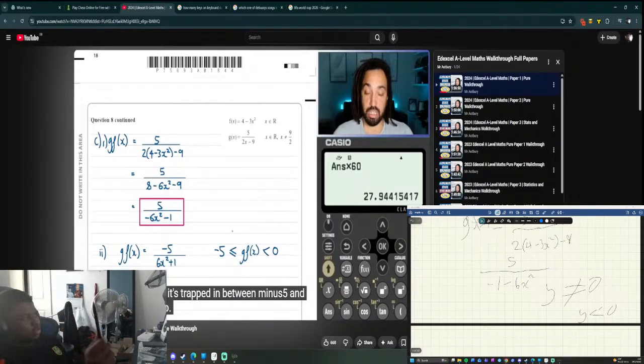Range is the biggest and smallest value. So it has to be smaller than 0. But what's the smallest value of this? It's the smallest value it could possibly be. I have no idea.